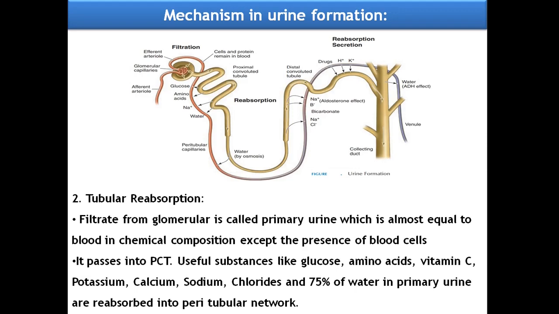The primary urine from the cavity of the Bowman's capsule passes into the PCT, the proximal convoluted tubule.